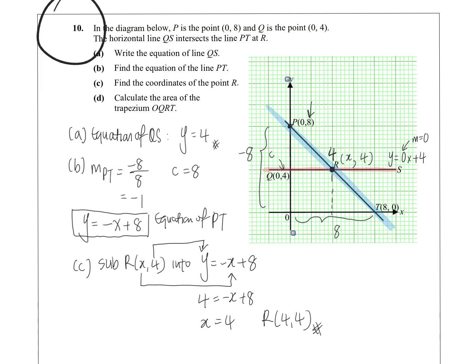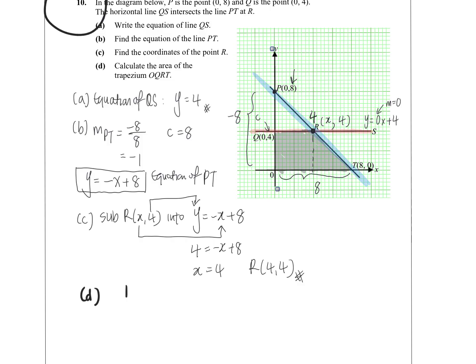Okay, last but not least, find the area of the trapezium OQRT. Isn't that just the area of the square and the triangle? Yes, so you can split it as a square and a triangle, or you can use the trapezium formula.